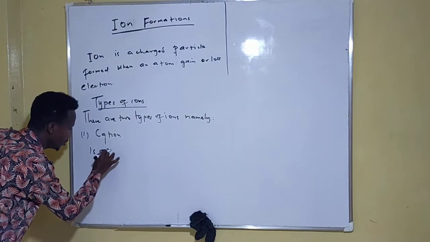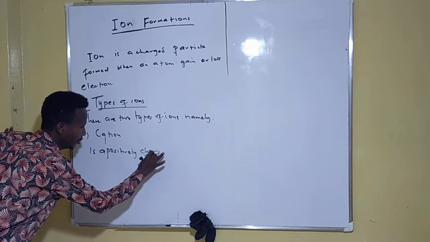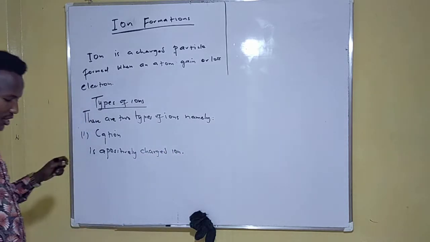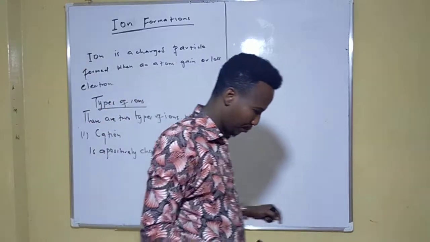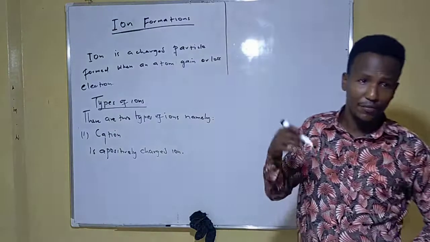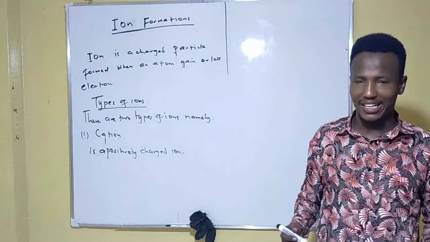A cation is a positively charged ion. This type of ion is formed by metals after losing the valence electron or electrons in their utmost energy level. Just understand, guys.